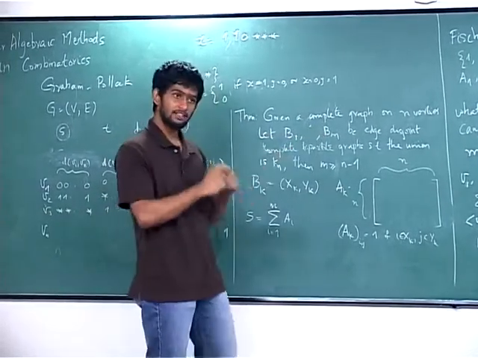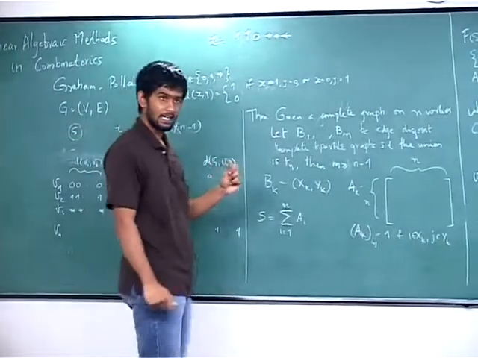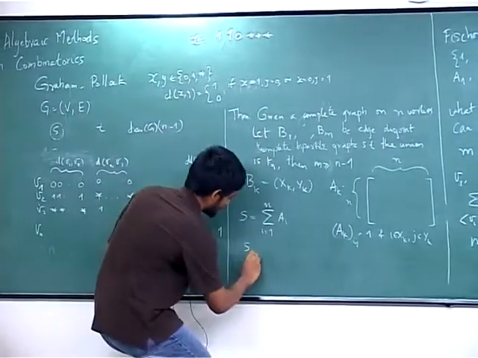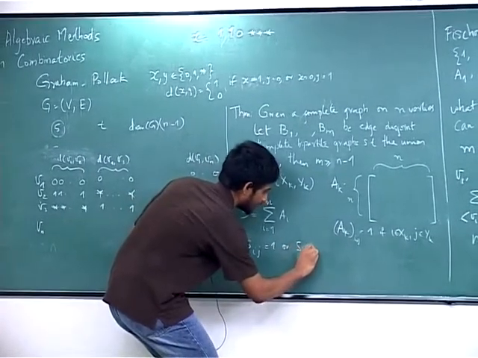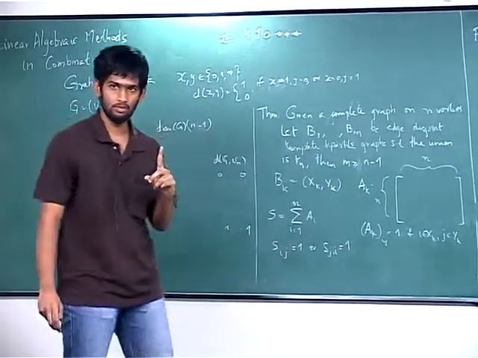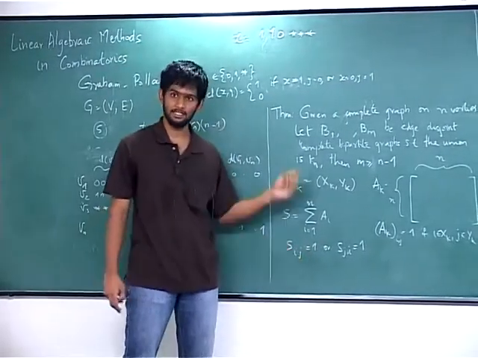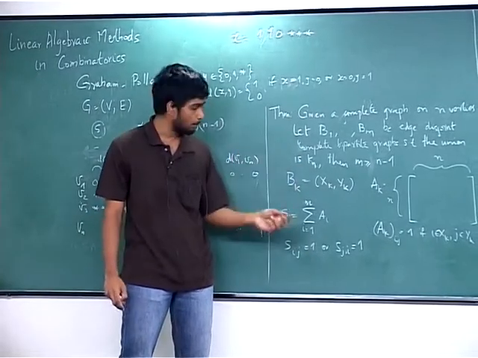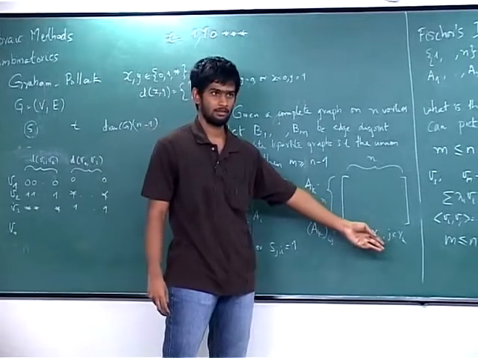And this bipartition covers all the edges. So for every ij, either S of ij is 1 or S of ji is 1. Exactly one of these has to be true, because all edges are being covered by this bipartition, and both cannot be true because of the way in which I have defined it, right?